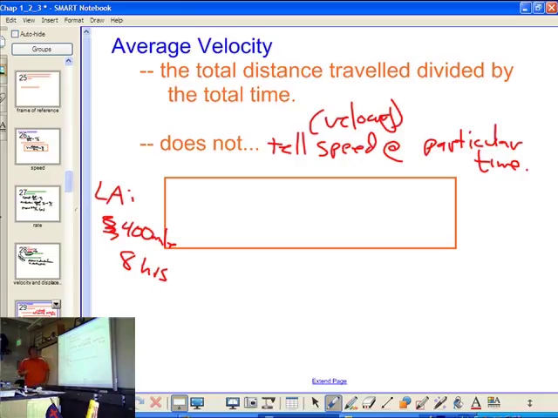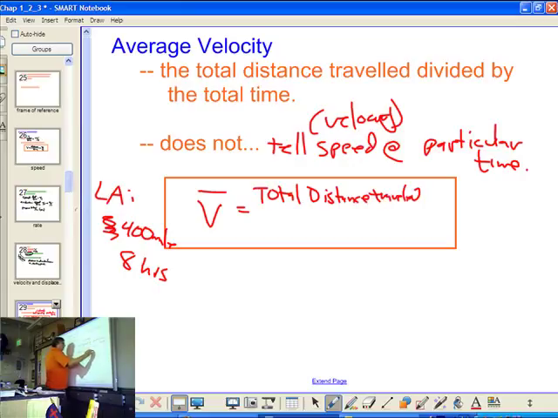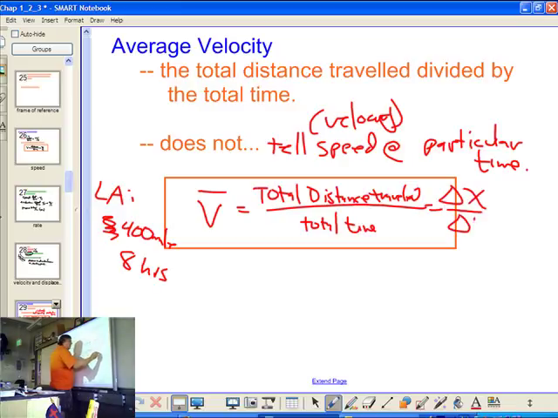Which means my average velocity, V average, is the total distance traveled divided by the total time. Another way to write it, we usually write it like this: delta x over delta t.